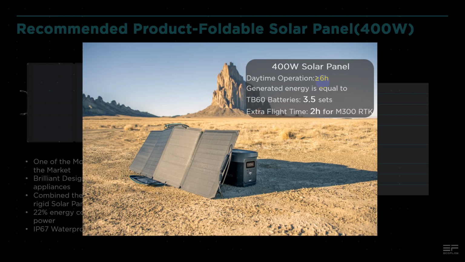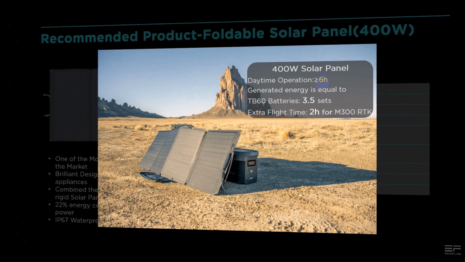For example, if you use one 400 watt solar panel, and let's imagine the daytime operation is over 6 hours, the generated energy is equal to 3.5 TB60 batteries, which can support the M300 RTK flying for 2 more hours. So it is very useful and convenient during geospatial operation.